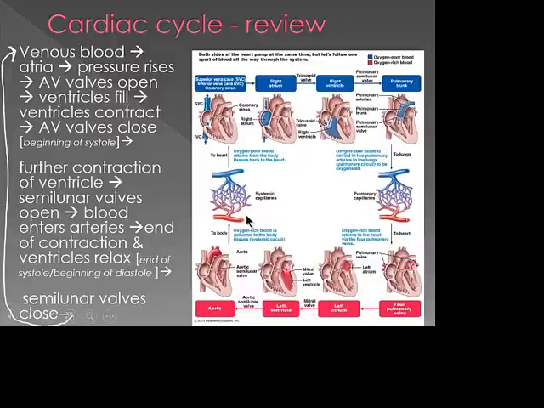That's the end of contraction. The ventricles relax, which is the end of systole or the beginning of diastole. That's when the semilunar valves close. So you should know when the AV valves close and when the semilunar valves close. So AV valves close at the beginning of systole, semilunar valves close at the end of systole or the beginning of diastole. Okay?